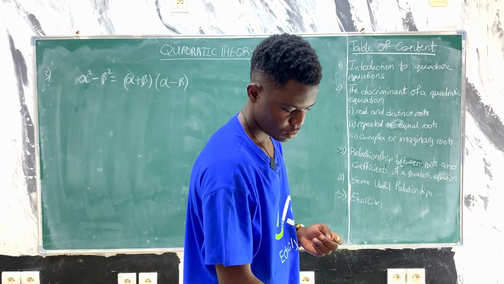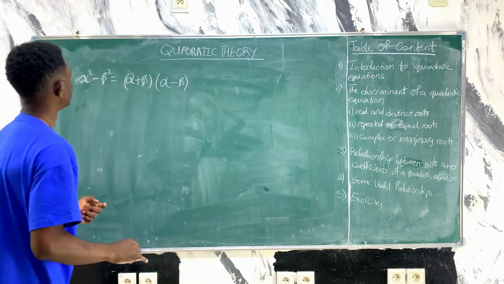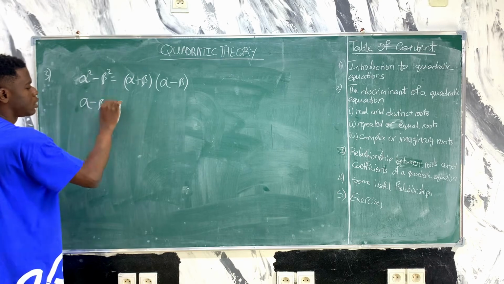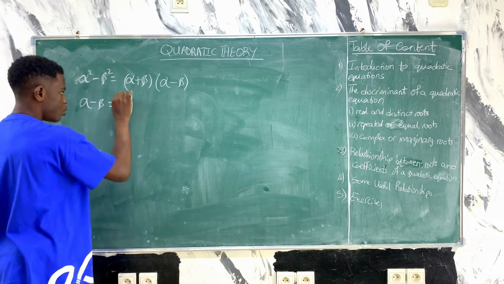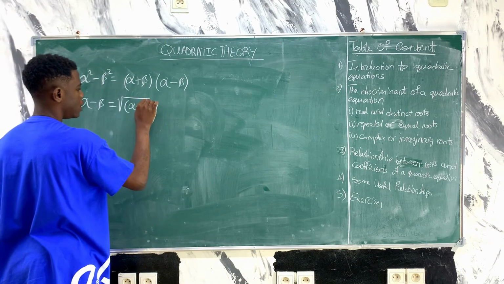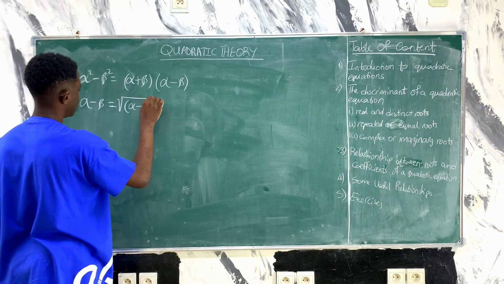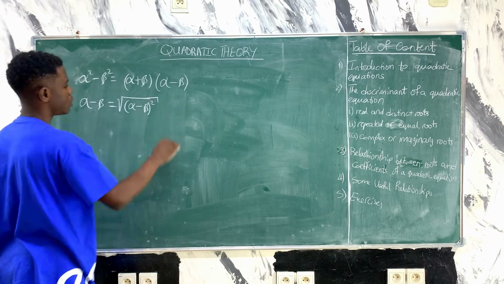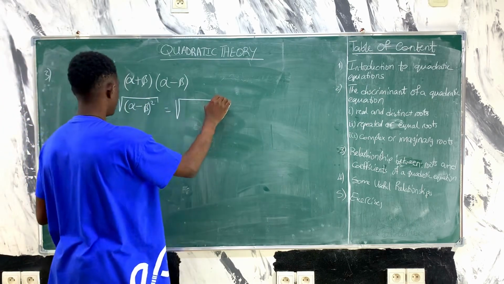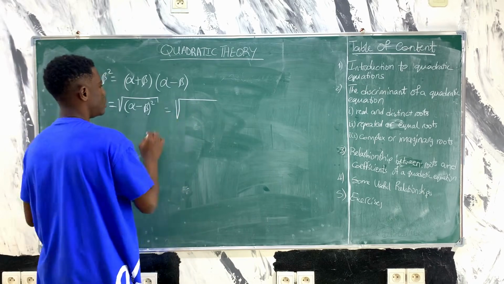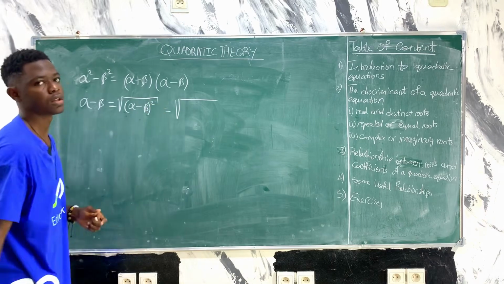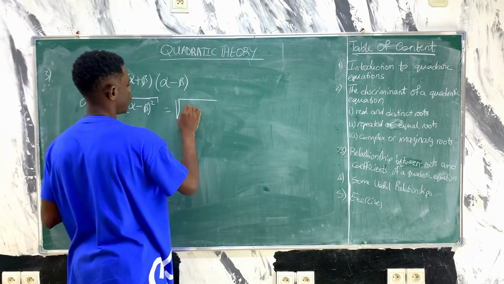Then alpha minus beta is equal to the square root of alpha minus beta, whole squared. This is equal to this because the square root can cancel the square.